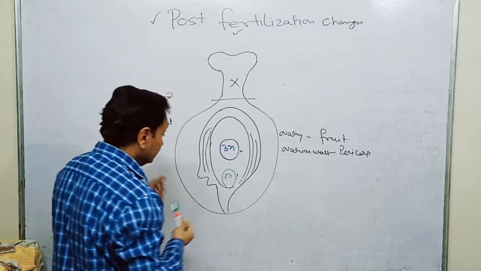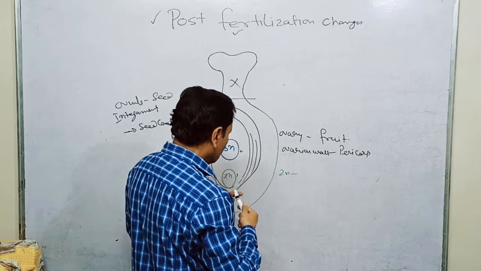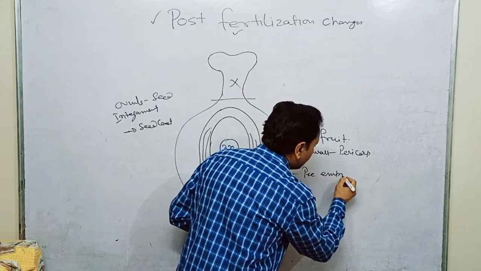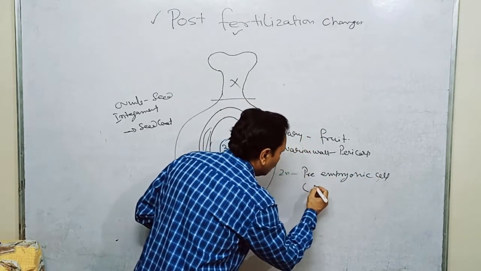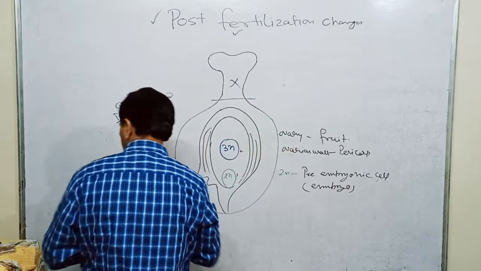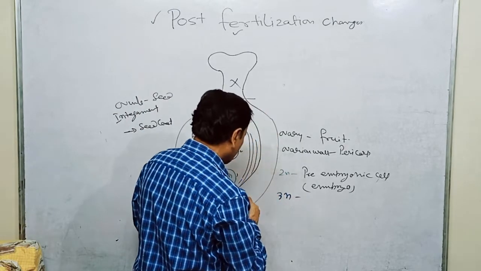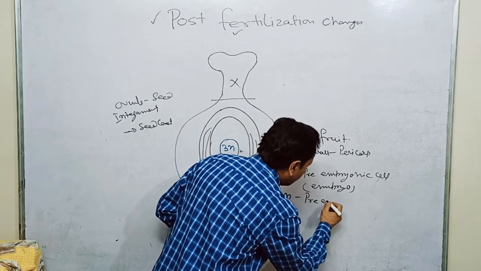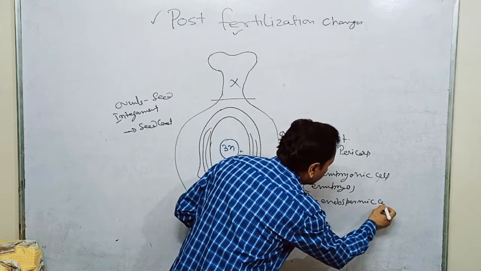The 2N cell is called the pre-embryonic cell and is responsible for forming the embryo. And this 3N cell is called the pre-endospermic cell.